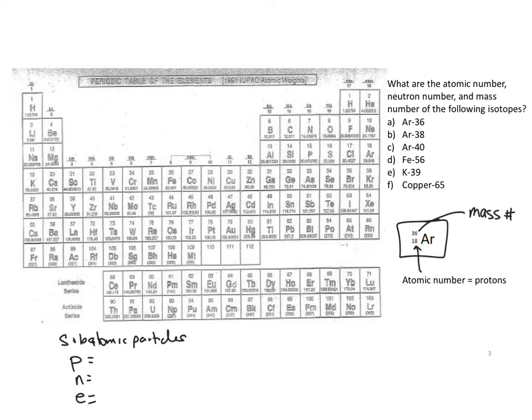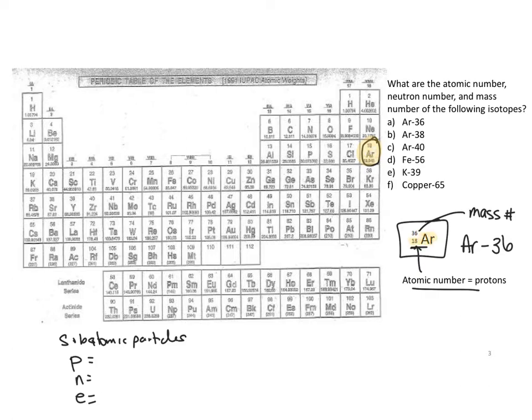And this bottom number is the atomic number. A lot of times we don't even have to put the atomic number because this is argon. Argon is Ar, it is element number 18. So here's 18. You see the element 18 is argon, so you don't even need to put that number. It's kind of redundant.